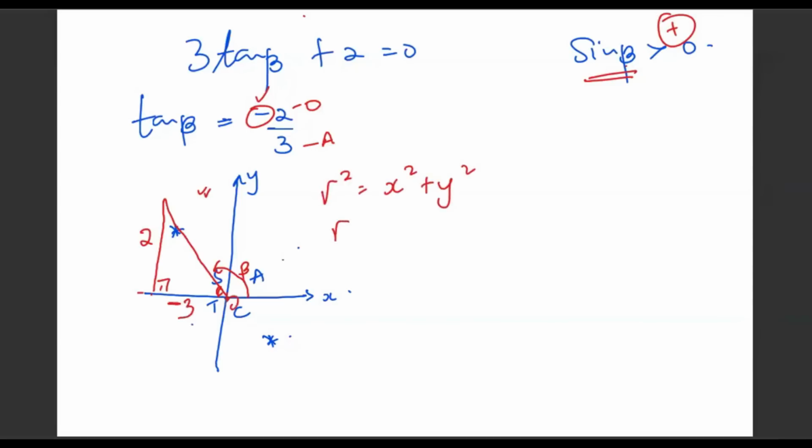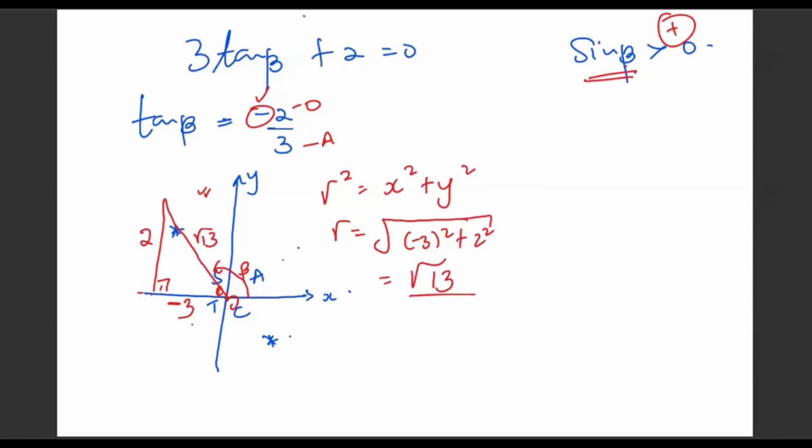Okay, meaning that our r is going to be the square root of negative 3 squared plus 2 squared. Okay, so what do we get there? We have 3 squared plus 2 squared, so root 13. Okay, so we're getting square root of 13.